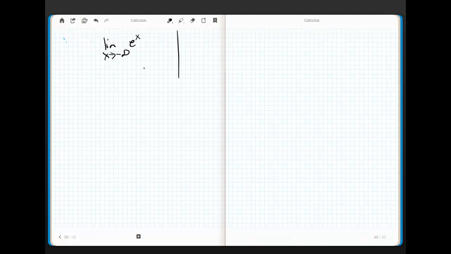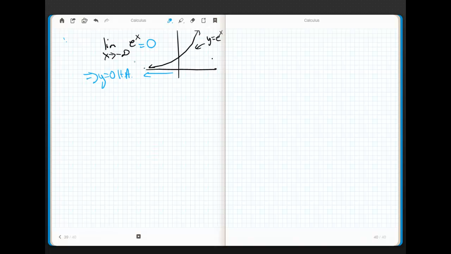But you know me, I'm way more a fan of the graphical and visual than the numerical. This is y equals e to the x. As x gets hugely negative, what does e to the x get closer and closer to? 0. What does this imply? y equals 0 is a horizontal asymptote.